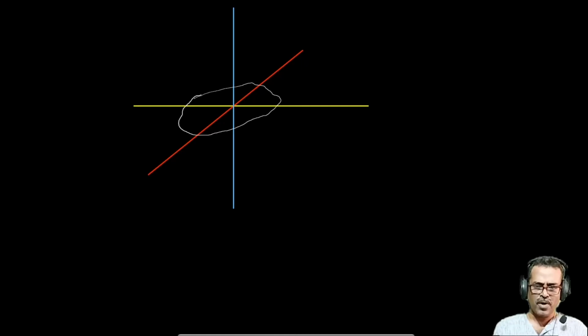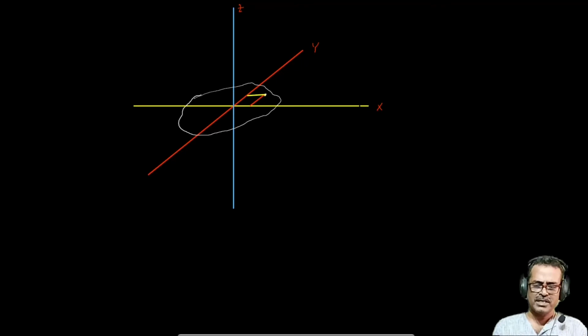If you consider a point on the body, the distance of the point from the x axis is the y coordinate of the point, and the distance from the y axis is the x coordinate.